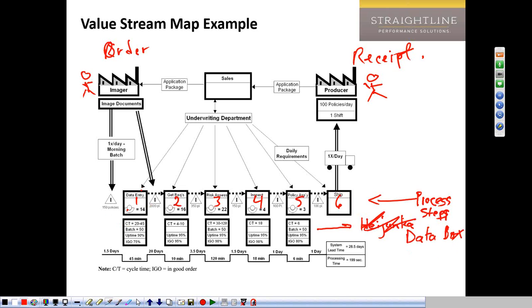This can be anything, but here in this case it's giving cycle time, batch size, how many we're sending through, uptime, which is usually like an IT measurement, and a quality measurement. This IGO, in this case, happens to be for a life insurer or a financial services company, and they have something called in good order, or IGO.